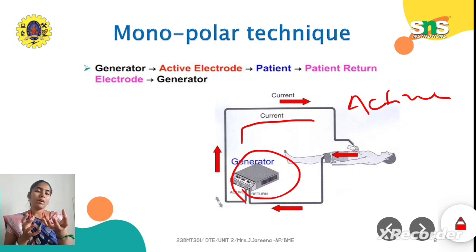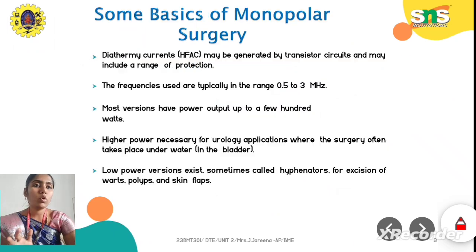That is the area where you can create a least resistant path, so we can easily collect all the current distributed in the body and return it back to the machine. So in the monopolar technique, the current flows in the order: generator, active electrode, patient, patient return electrode, and finally the generator. The loop is getting closed. This is the monopolar technique.